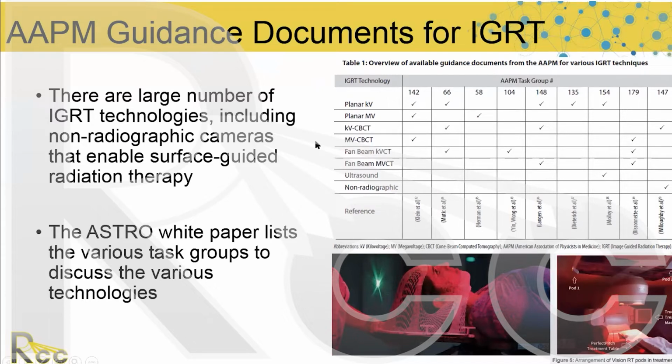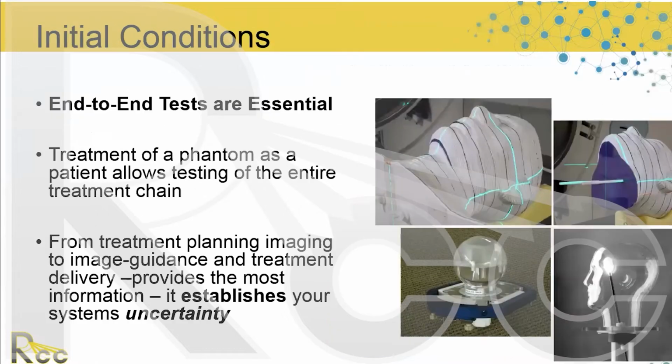There's also newer stuff, such as surface guided radiotherapy, SGRT. These have different technologies, and you should be aware of what your system uses, whether it's scanning lasers or a speckle pattern. Understanding the limitations of your specific technology is important.